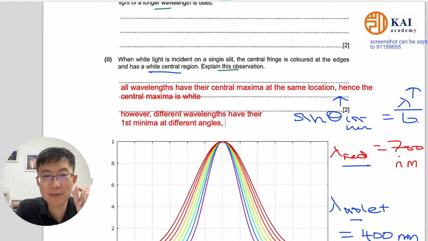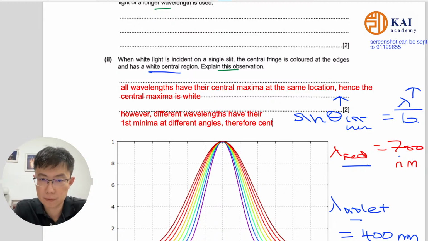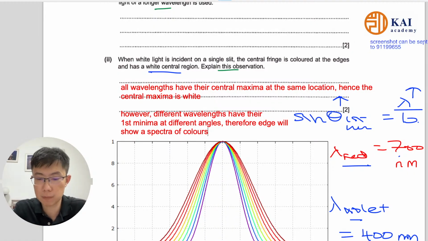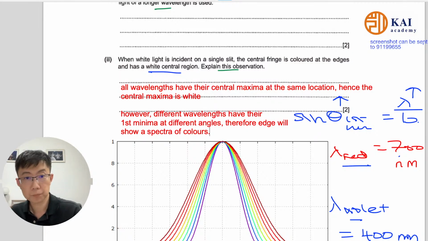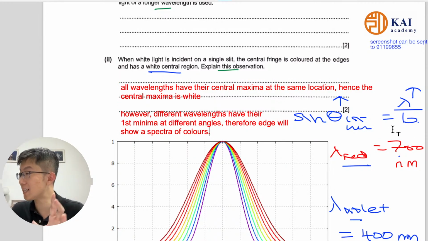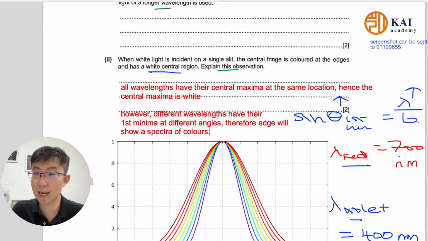So they have their first minima at different angles, and therefore the central fringe will be colored at the edge, with a spectra or spread of colors. Spectra is a term that you will also learn in year 2. So this is the single slit diffraction effect.